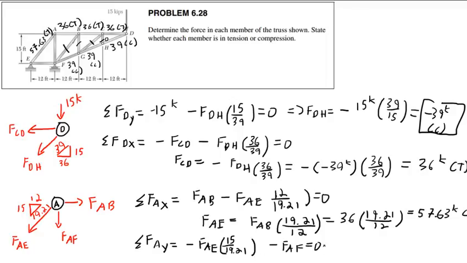And so FAF equals negative 57.63 times 15 over 19.21, which is negative 45 kips, which is compression. So this one is 45 compression.